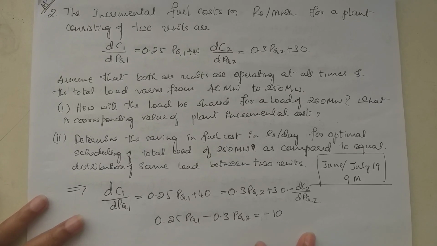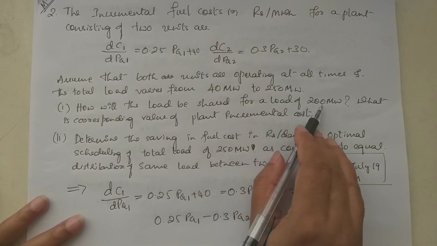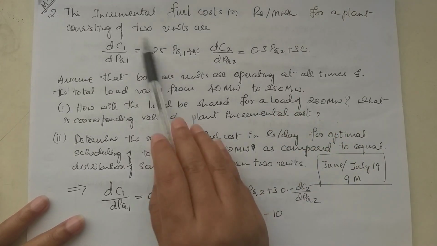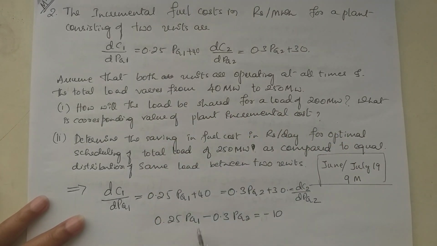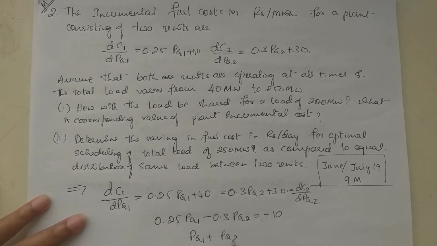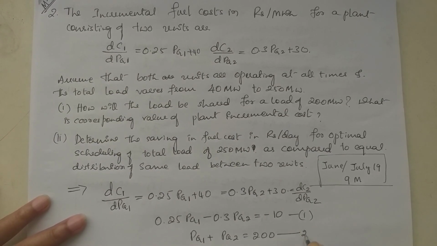And also we know that there is a total load of 200 megawatt that should be shared between 2 units because we have only 2 units. So Pg1 plus Pg2 is equal to 200. Take it as equation 1 and the previous one as equation 2.